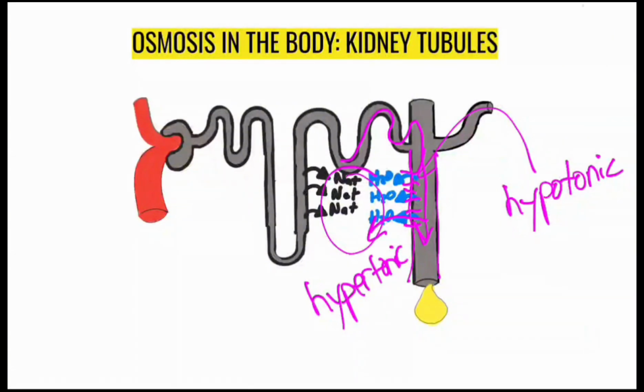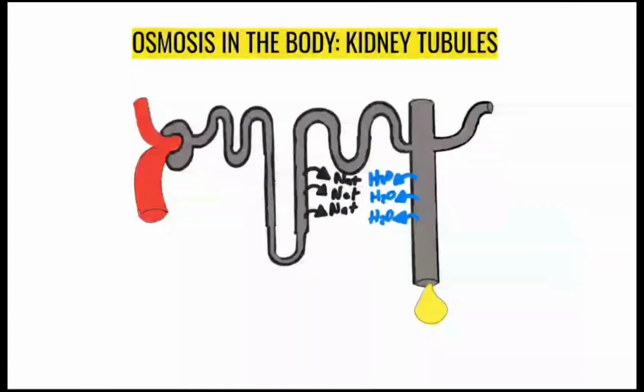So osmosis is very important in our kidneys to allow us to reabsorb a bunch of water. Now, if we don't want to reabsorb a bunch of water, then we just make this membrane not permeable to water, and we won't do that. So very important for controlling the concentration of our pee.